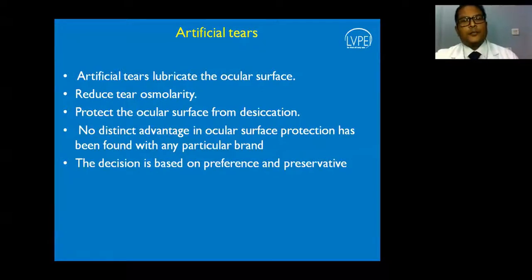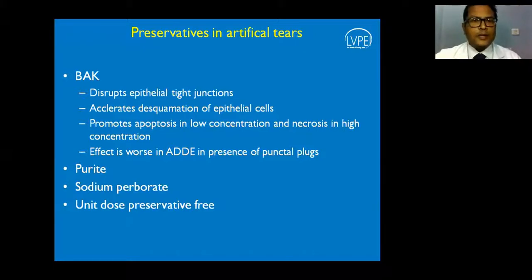Artificial tears can lubricate the ocular surface, reduce the osmolarity of the tear film, and protect the ocular surface from desiccation. However, there is no distinct advantage in ocular surface protection that has been found with any particular brand. The decision is based on preference and the preservative. The common preservative that is there in artificial tears is benzalkonium chloride.